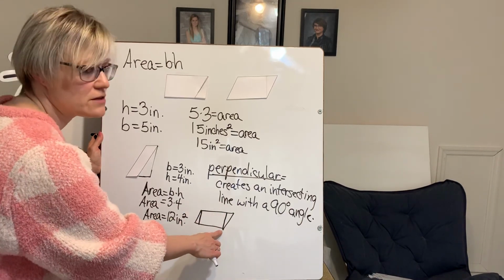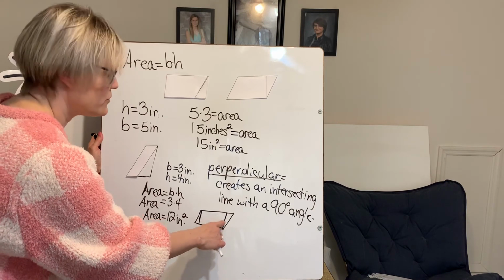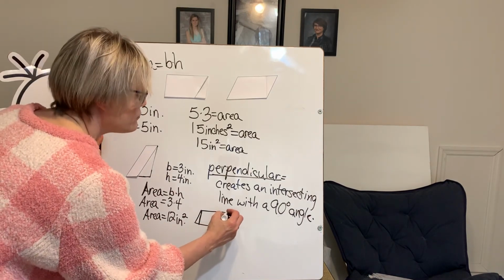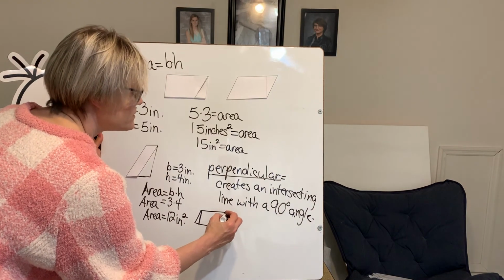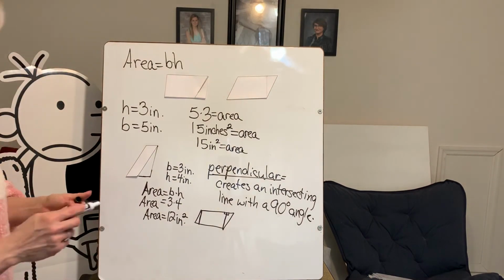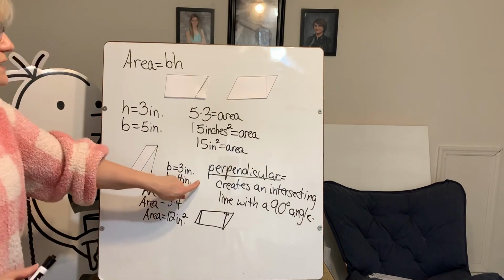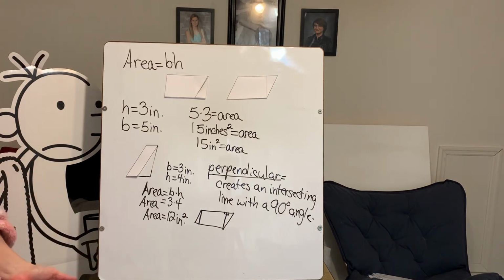Because down here, it does not create a 90-degree angle. Up here, it does. So there's a 90-degree angle. On this side, there's another 90-degree angle. So if we put them together, it's 180 degrees. All right? So perpendicular is a word that you're going to need to know coming up in the directions.